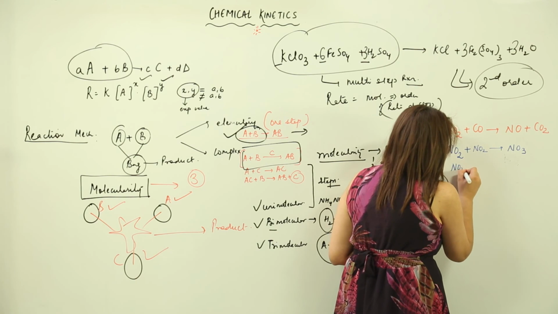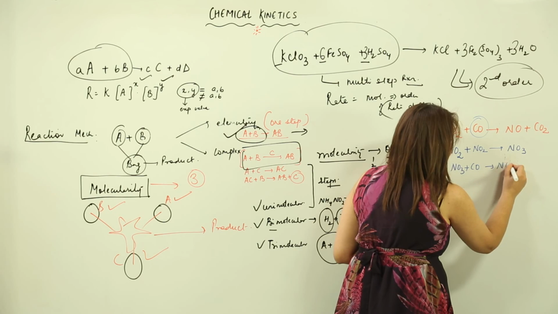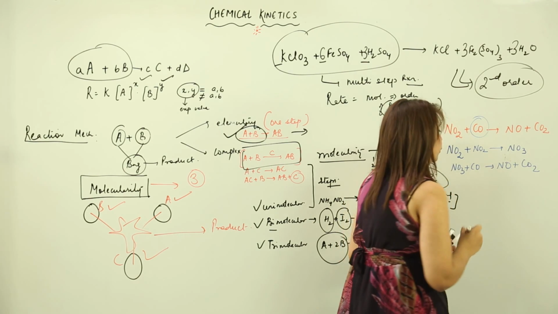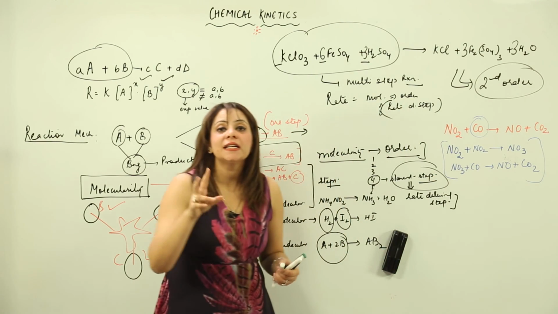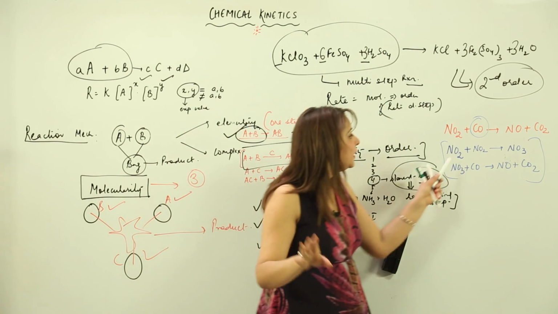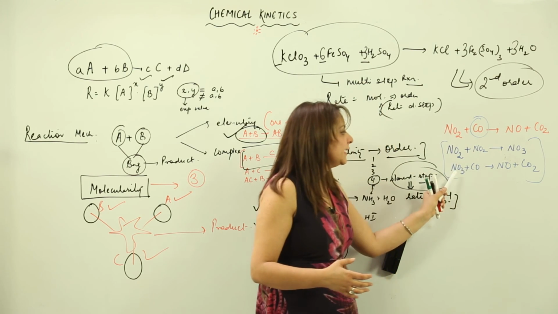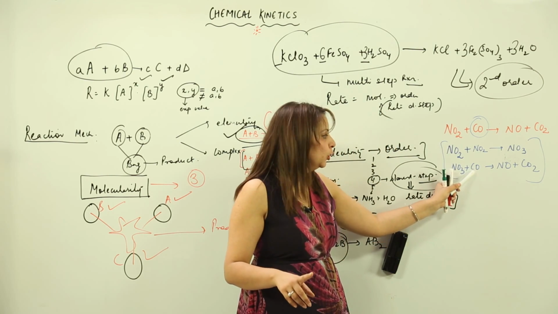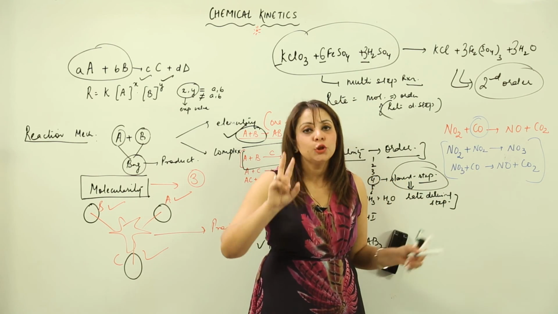Then this NO3 is going to combine with CO, the other reactant, and it is going to produce NO plus CO2. So the mechanism of this reaction occurs in two steps. In one step, NO2 combines with itself to form NO3, and then this NO3 combines with the other reactant, carbon monoxide, giving rise to nitric oxide and carbon dioxide, right? So these are the two steps.